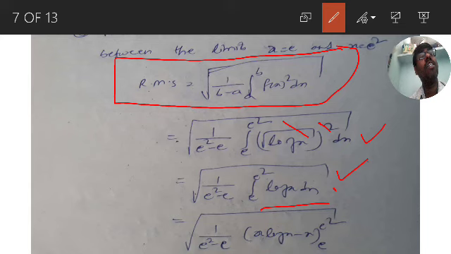Substitute in integration by parts, you get the formula x log x minus x. If you know the formula, it is well and good, you can directly write. Otherwise, you have to go for integration by parts by writing log x as 1 into log x. So it is better to remember the integration of log x formula.